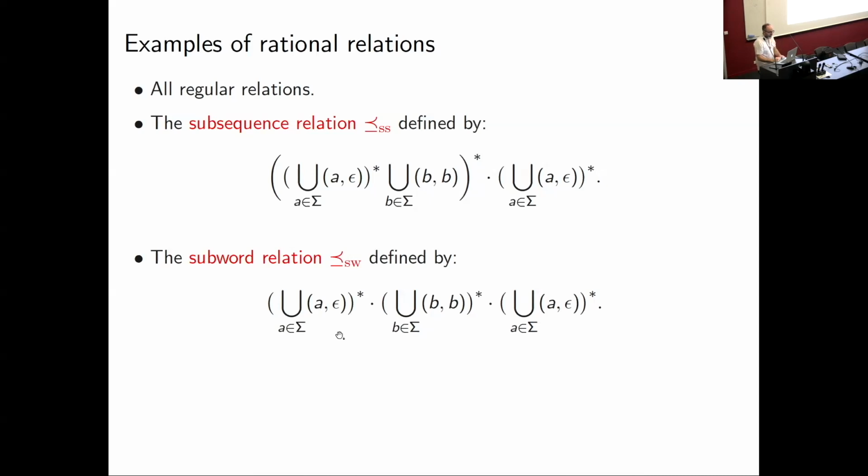Because what you have to check is that you can guess a point in which the two words start synchronizing. So you go up to the middle of the first word, you start reading the other one, you read it completely, and then you synchronize.